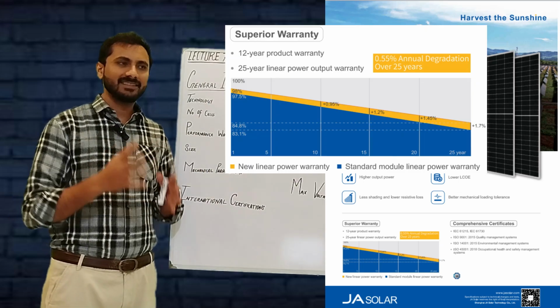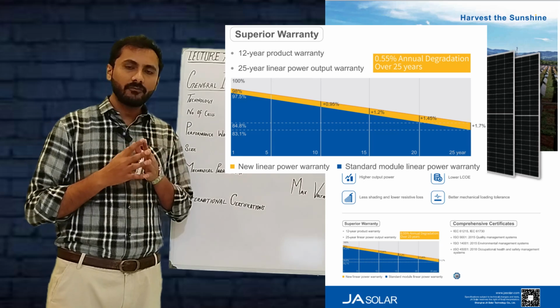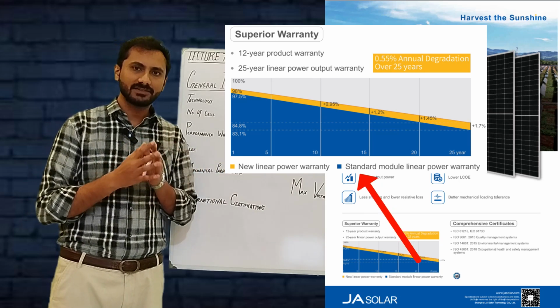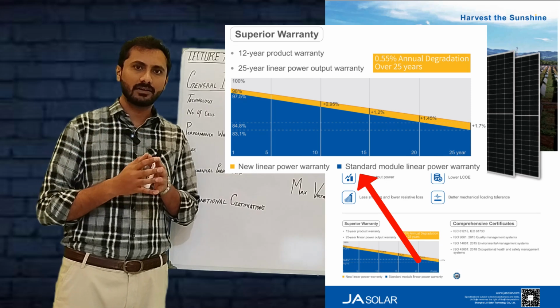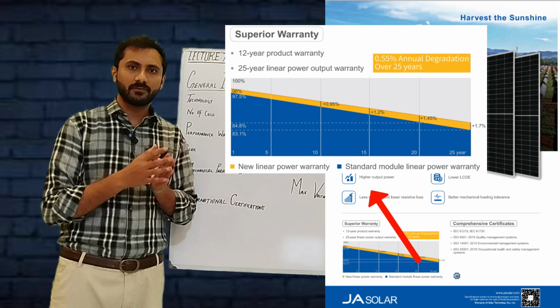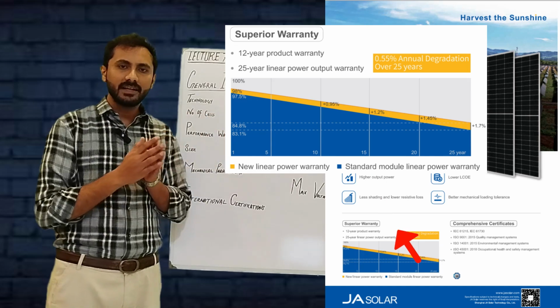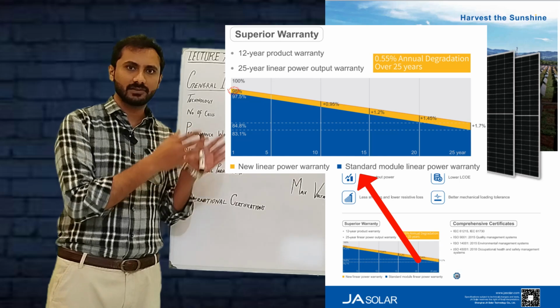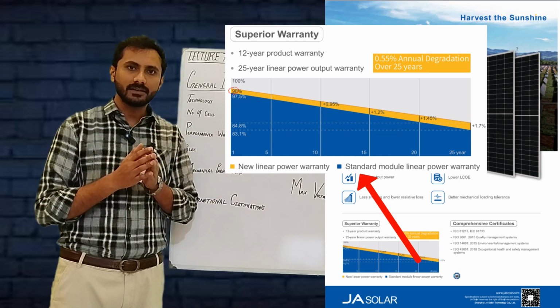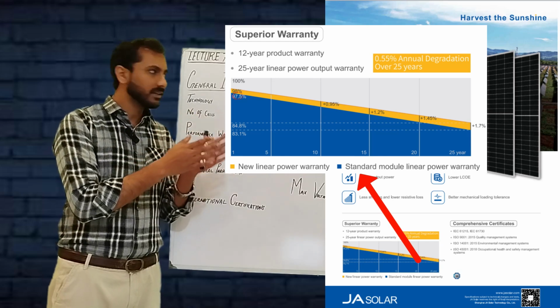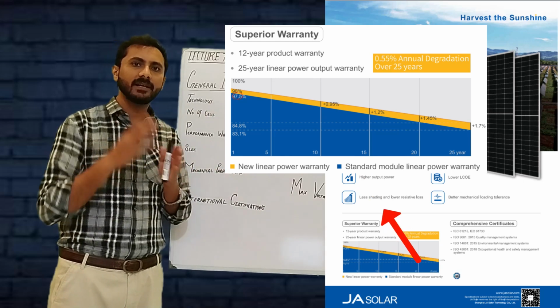In the datasheet, we can see that they have provided the graph for performance warranty. They have compared their latest 11 busbar per cell technology with the standard solar cell technology. They are getting better performance till the 25th year. From the graph, the annual degradation for the first year for this solar panel is 2.0%, whereas for the standard cells, the annual degradation for the first year is 2.5% to 3%.